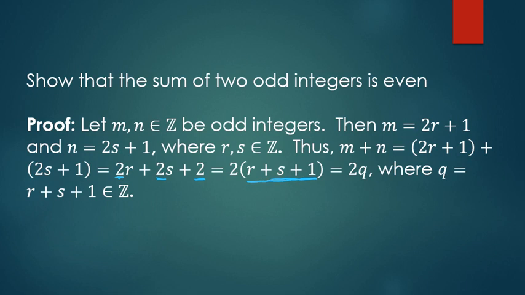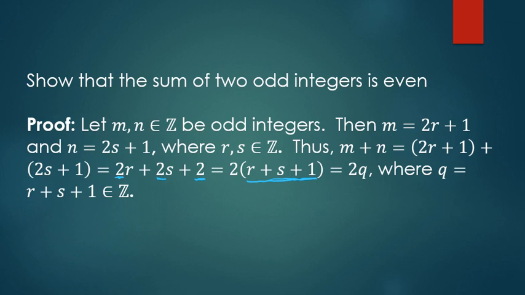Now, it goes pretty much without saying, you may assume that differences, products, and sums of integers are going to be integers as well. So I have this r plus s plus 1. This is all some whole number. So I rename this thing q. So I've shown that m plus n is of the form 2 times q, where q, which is the r plus s plus 1, is some whole number.